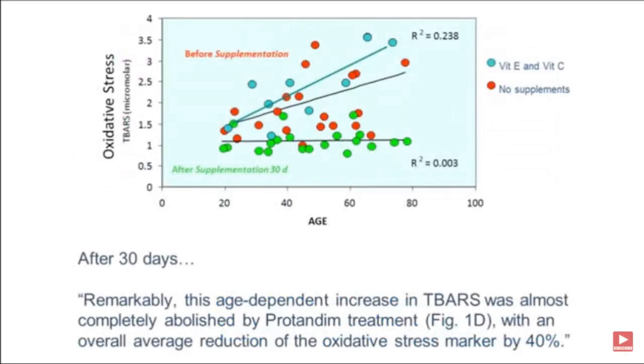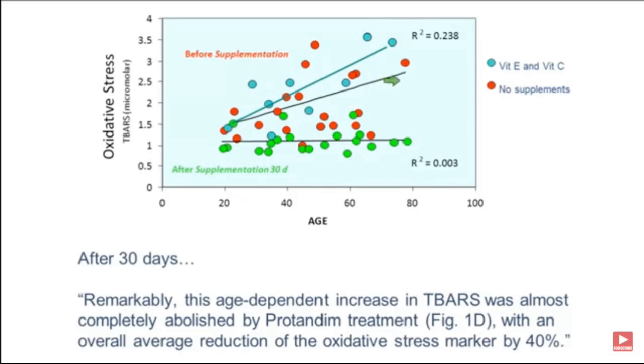The more profound thing that they saw, however, was the reduction in oxidative stress measured by T-bars. And so if you look at this black line here, this was the baseline group, okay, and their level of oxidative stress based on age. So they went from people from the age of 20 all the way up to the age of 80. And as you can see, as you get older, the oxidative stress level increases.